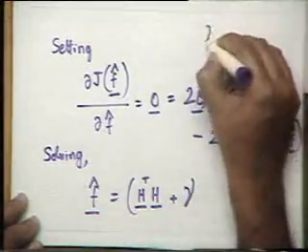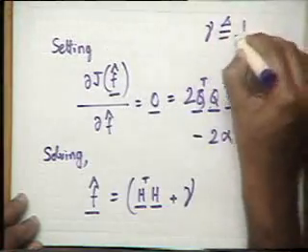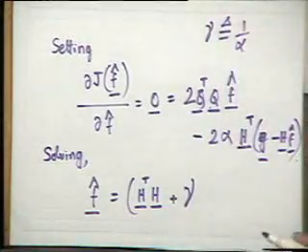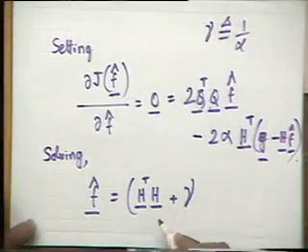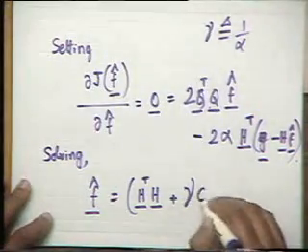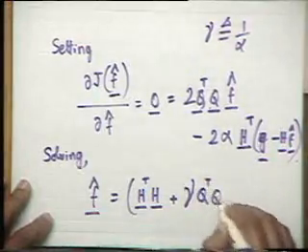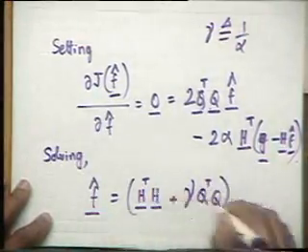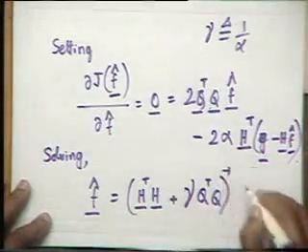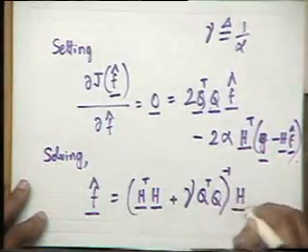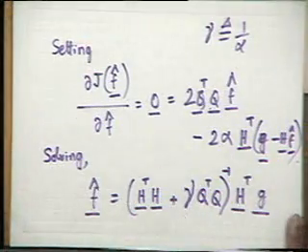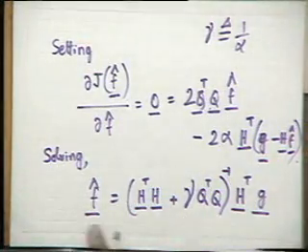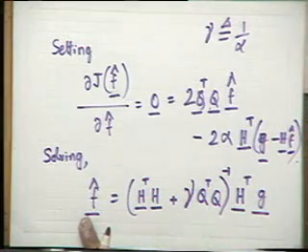Gamma is defined as 1 upon alpha, so in place of writing 1 upon alpha, I am writing gamma. So H transpose H plus gamma Q transpose Q, this entire thing within the parenthesis, inverse, H transpose g. Alright, this is what you are going to get as a solution of f hat in terms of the matrices.